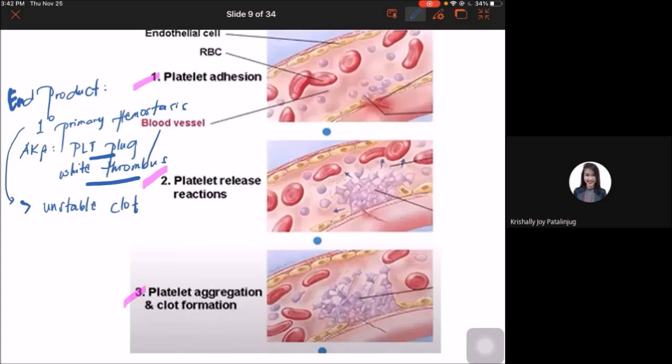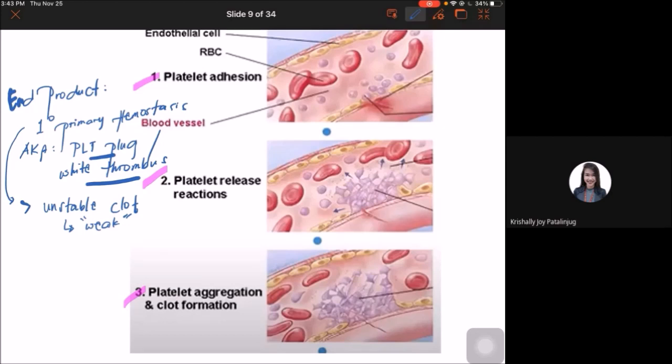Weak yung clot. Prone siya to breakage, pwede siyang ma-dissolve. And yan ay hindi pwede nating iwalang bahala. Dapat ay gina siyang solusyonan.